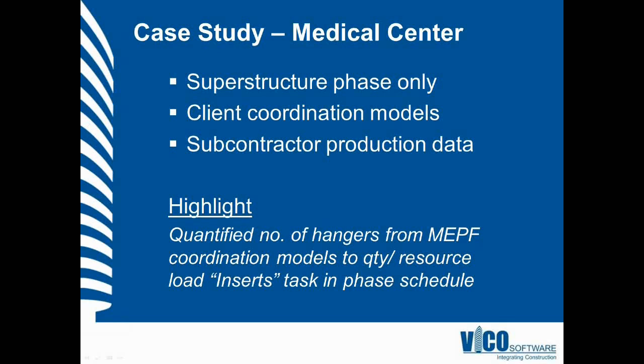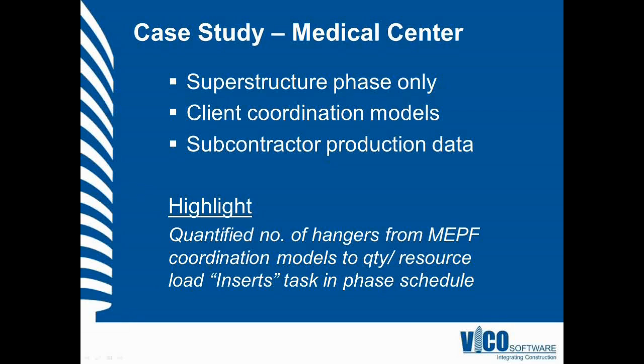We had discussed it with the subcontractors who were involved in this exercise, and they were not aware of the total quantities of inserts at that point in time either. Generally, they were setting up that information and designing their layout process with the layout drawings a couple of weeks before the installation for a particular location. In this case, we were able to use what was already generated in coordination models to extract those quantities and use them for production planning.